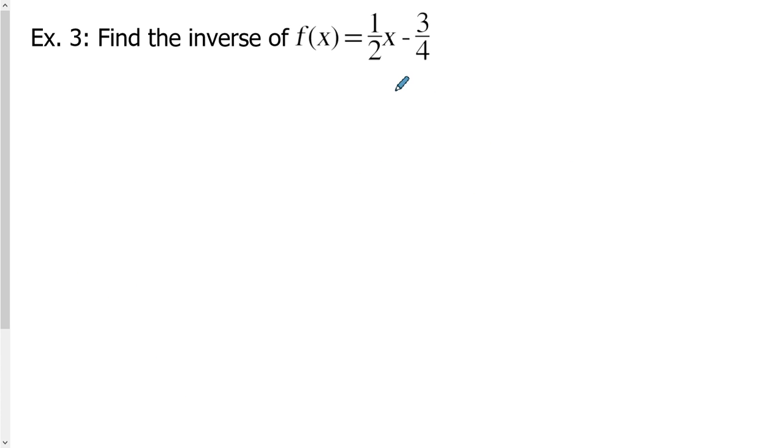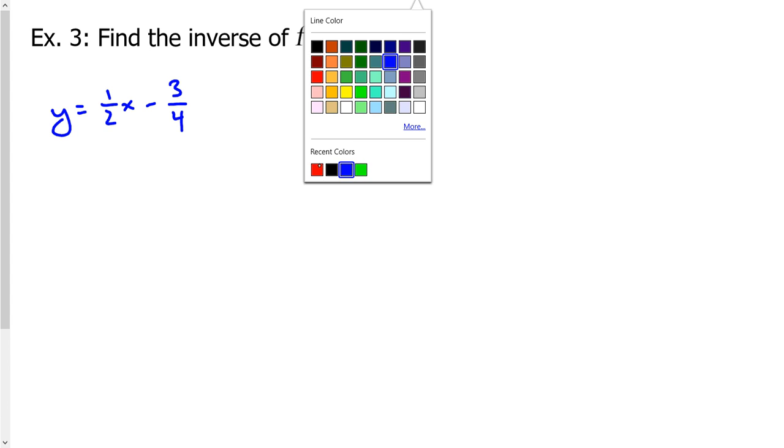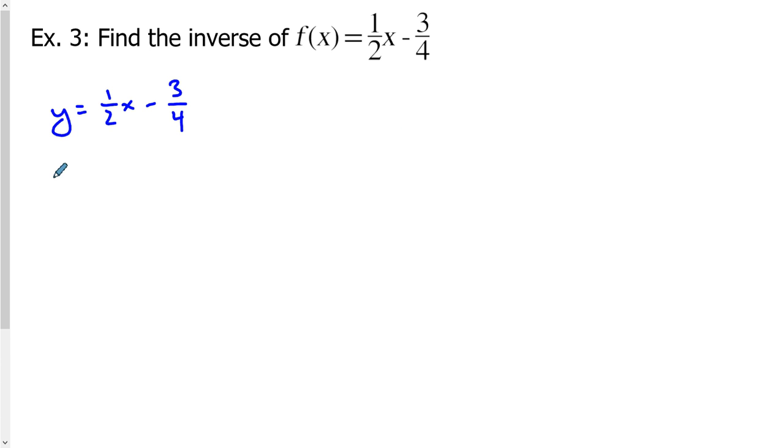This one has all sorts of fractions, but it's cool because fractions are our friend. So we're going to find the inverse of f of x equals 1/2 x minus 3/4. First thing I've got to do, replace f of x with y. So y equals 1/2 x minus 3/4. Second thing I'm going to do is swap my x and my y.